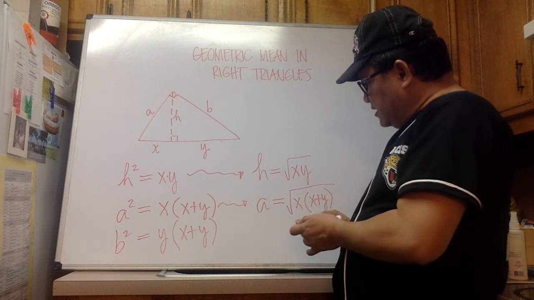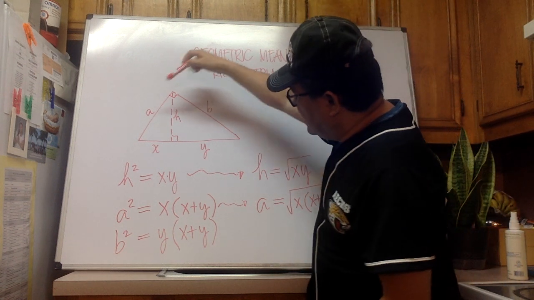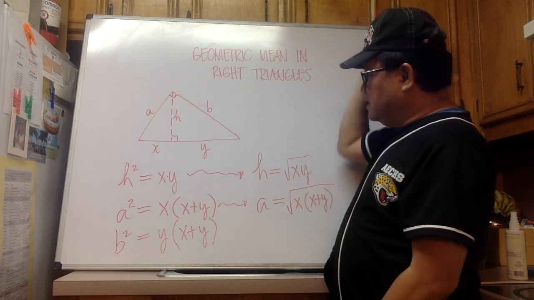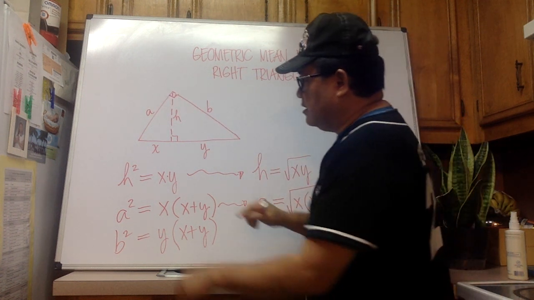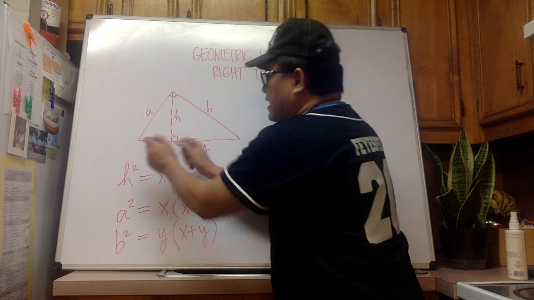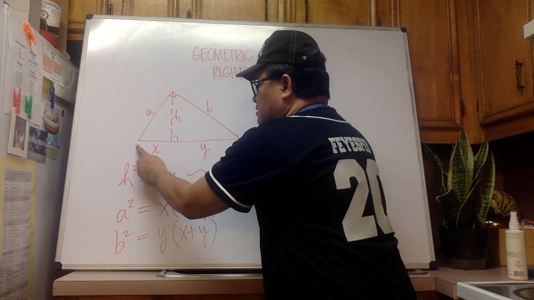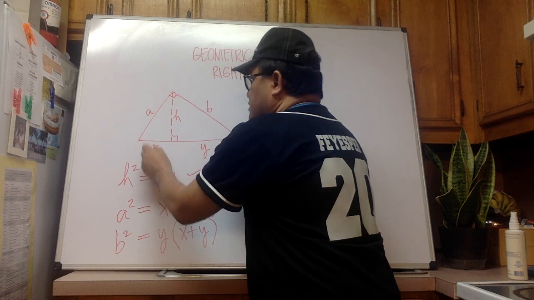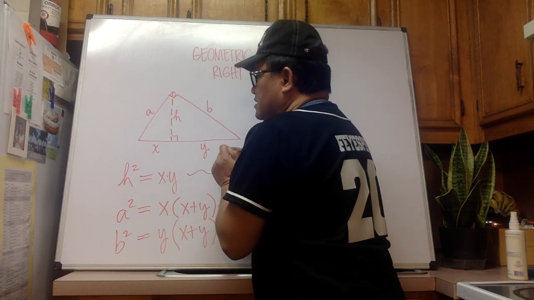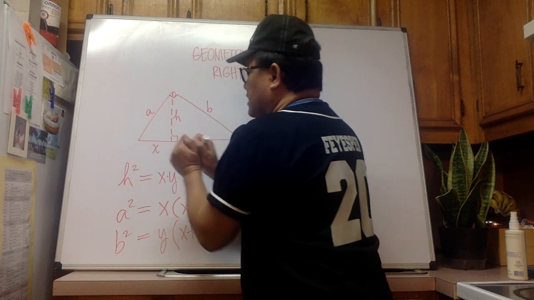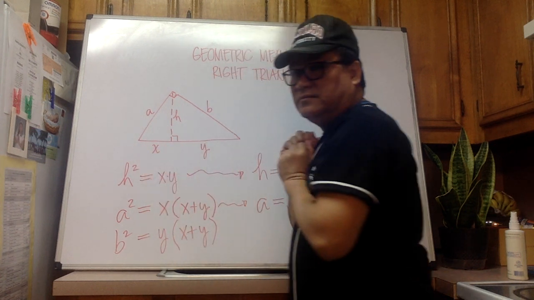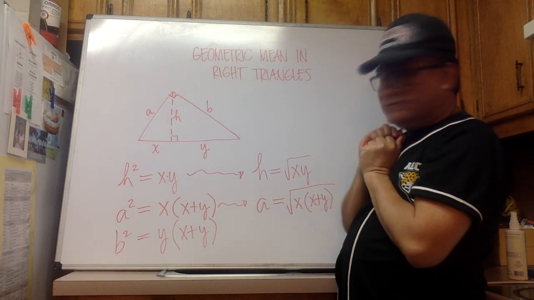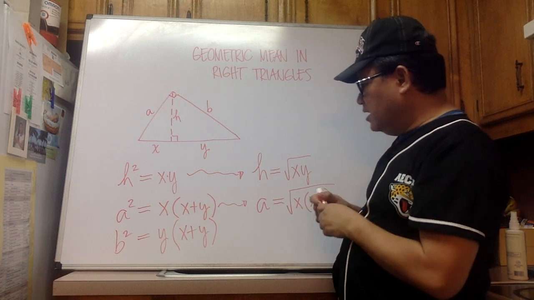It essentially tells you that this side here is equal to the geometric mean of this side and this side. So here's x plus y. So a is just the geometric mean of this and this number. We're good? And this is the formula.